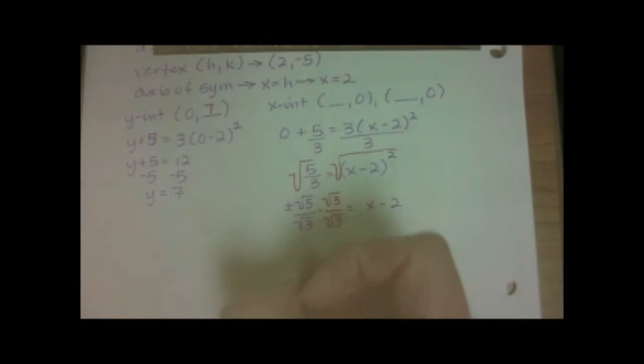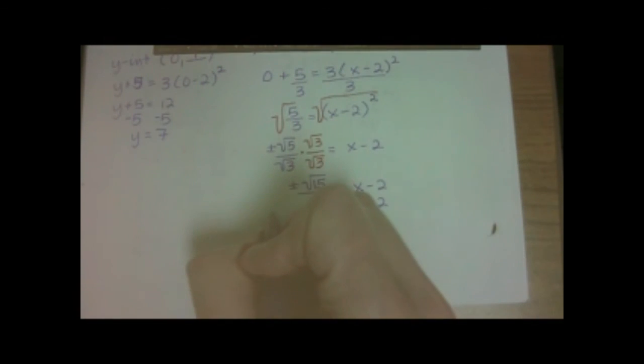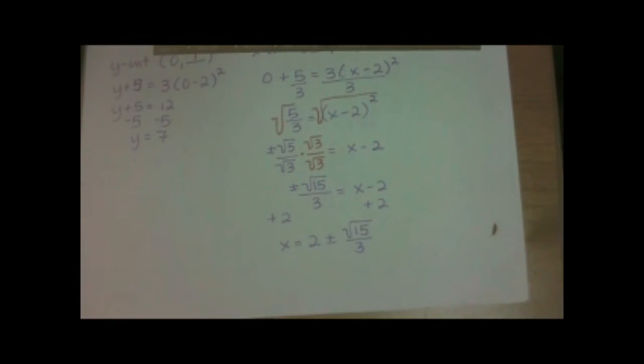And this is going to give me plus or minus the square root of 15 over 3 equals x minus 2. Now add 2 to both sides. So x equals 2 plus or minus the square root of 15 over 3.